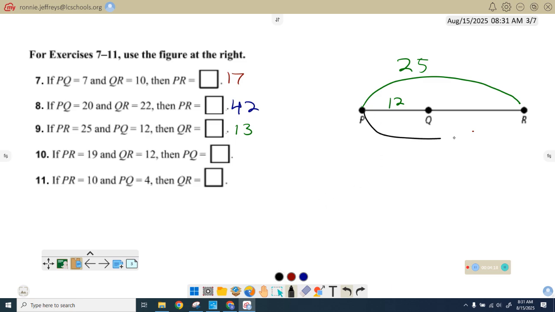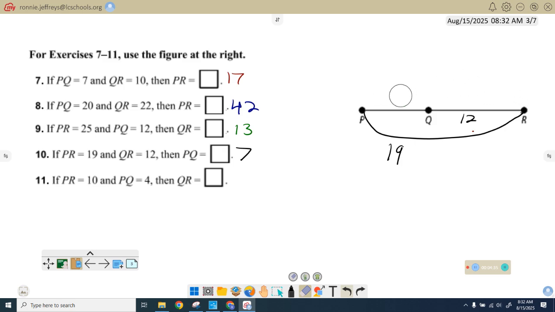All right. If this is 19 and this is 12, what is this little section? 7. This would be funny, so we say 6, 7.